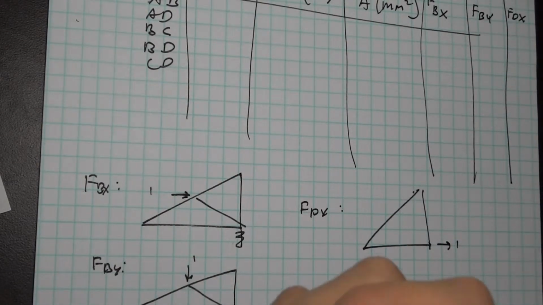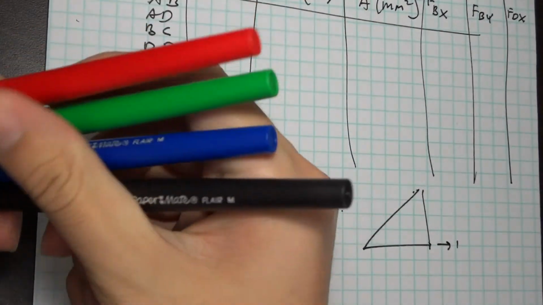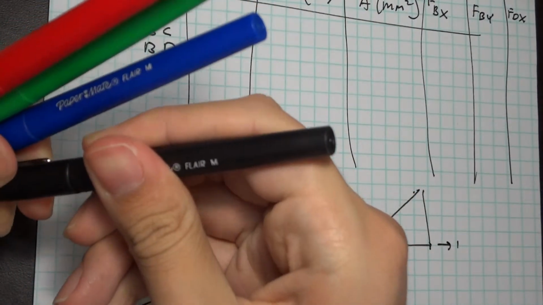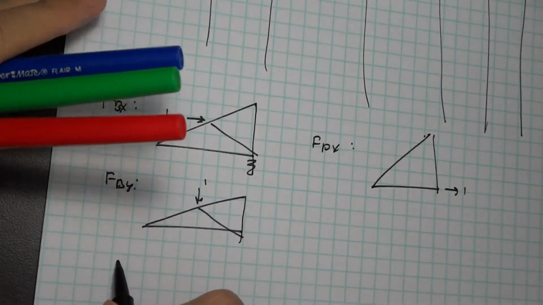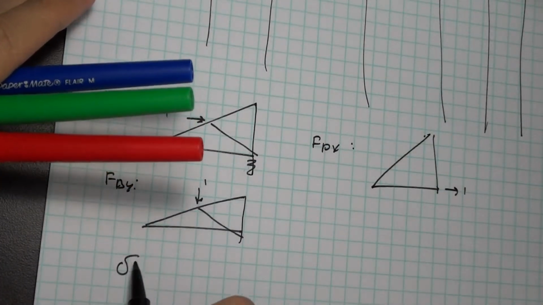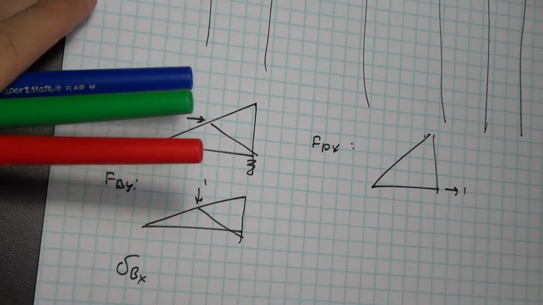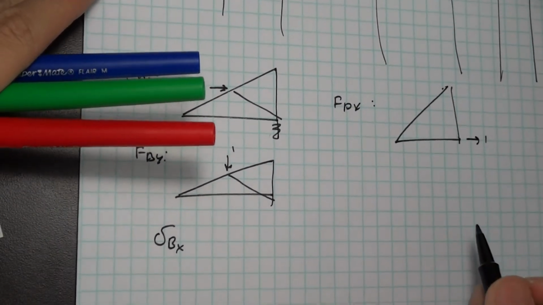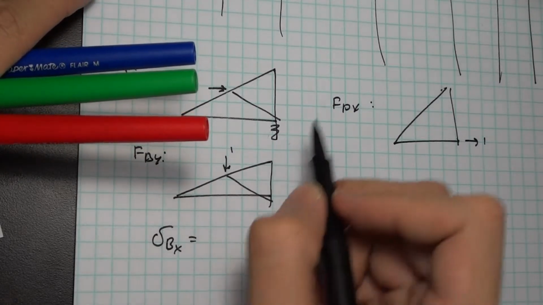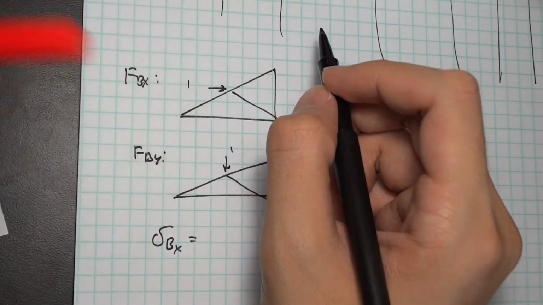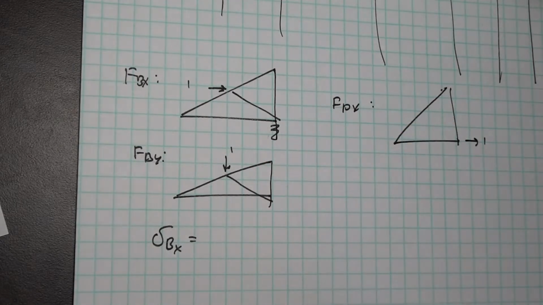Okay, to actually get the deflection at B, I'll do BX, just for simplicity, I guess. How do they phrase the equation?